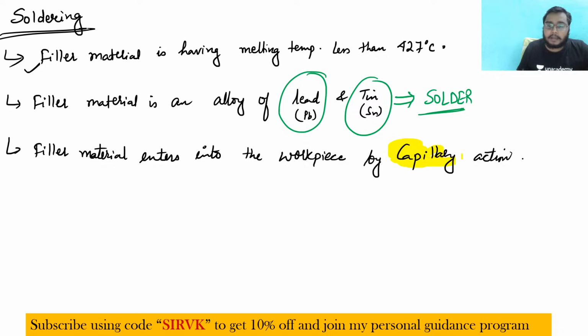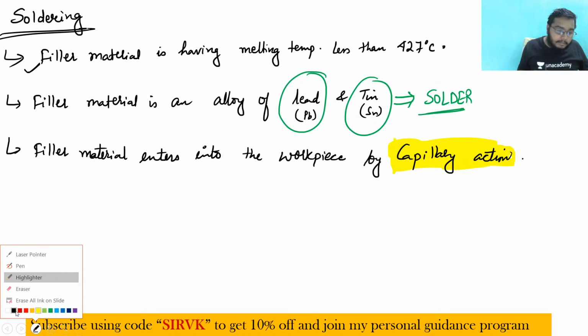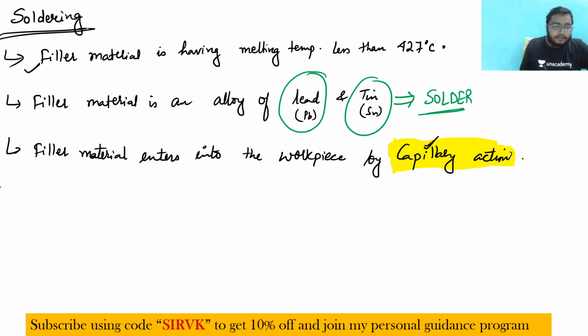Here, in brazing and in soldering, the principle is the same: the filler material enters into the workpiece by capillary action. So always and always remember, this is the most important point, capillary action. Fine, next point is that we use flux materials.